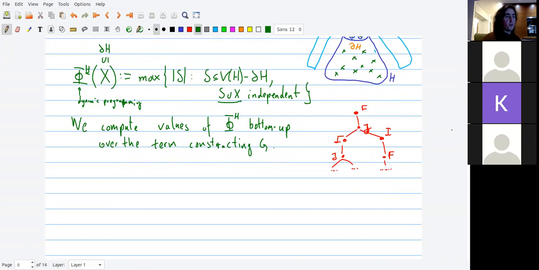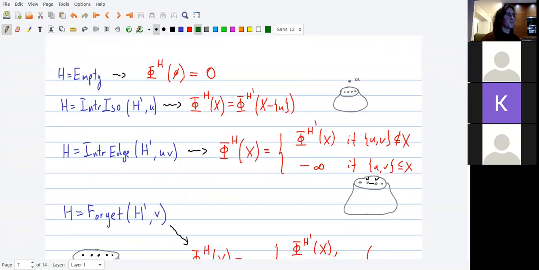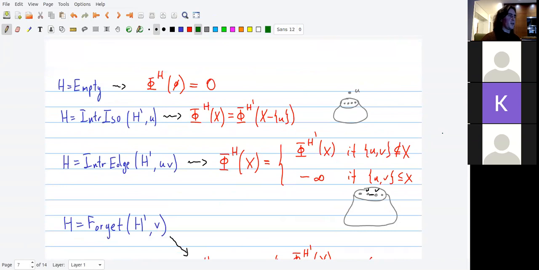As we define this function, we would like to compute its values over the tree decomposition. We'll do it bottom-up, and for this we need to give some recursive equations on this function. So let's start easy.